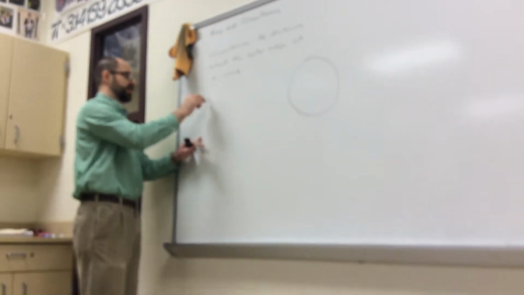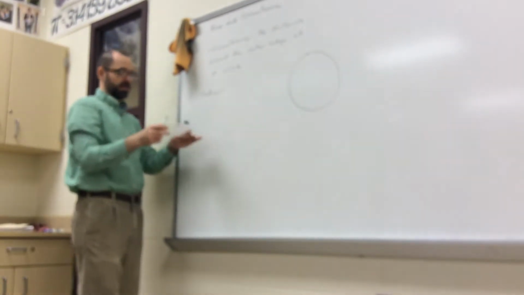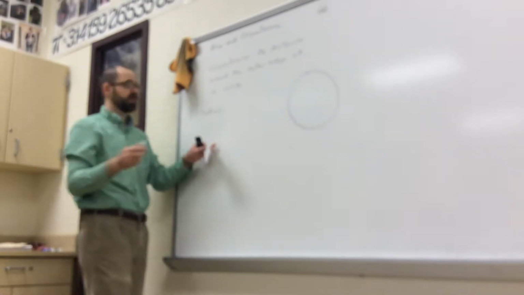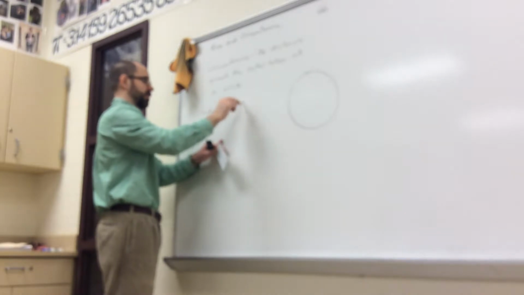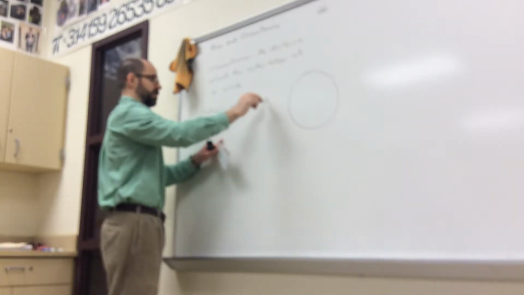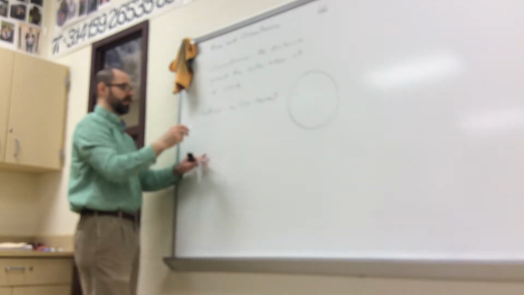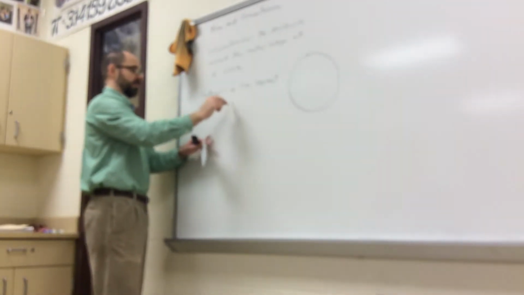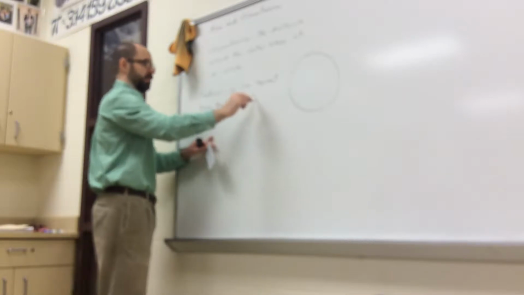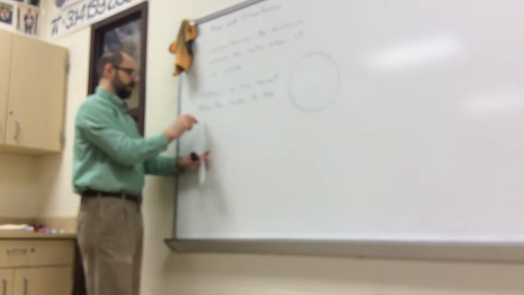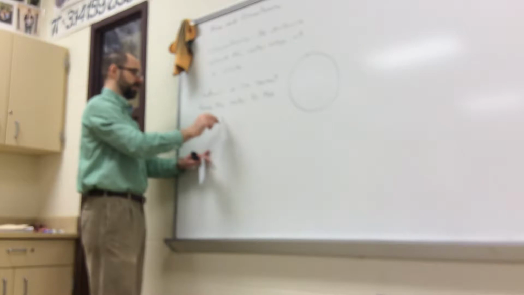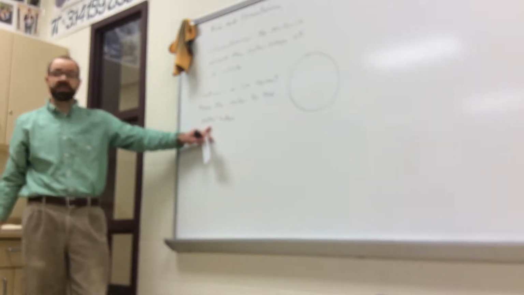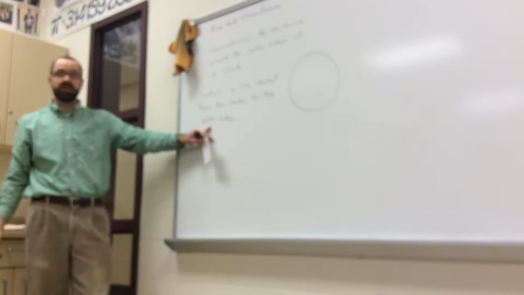Okay, then a radius is a line segment from the center of the circle to the outer edge.